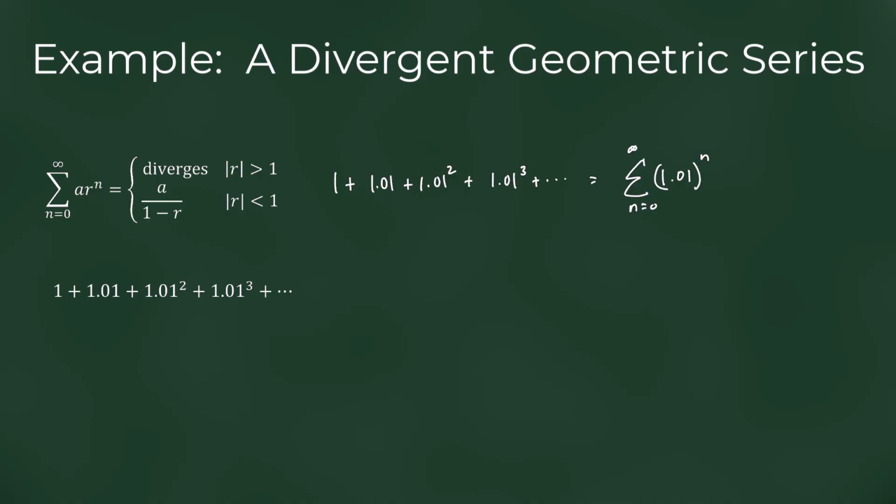And we can see again that that is geometric, but that our r value is 1.01, which is greater than 1, so we know this diverges. And if you think about it, each of the terms of the sequence is greater than 1, and when we add them up, the sum is just going to keep getting larger and larger and larger, and hence diverge.